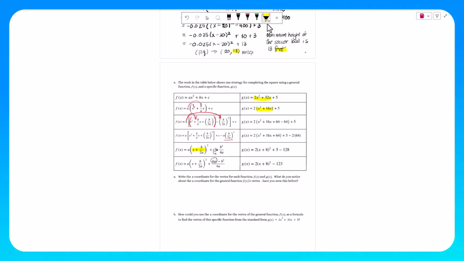We've already talked about they pulled out the 2, and we get x squared plus 16x. Then they've added and subtracted 64 because half of 16 is 8, and when we square that, we get 64. And that brings us back to this right here.